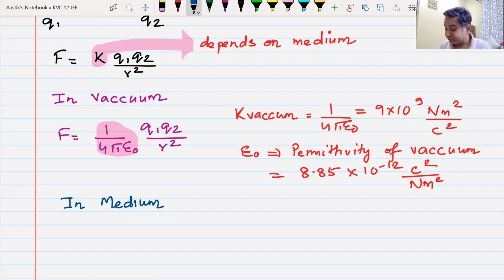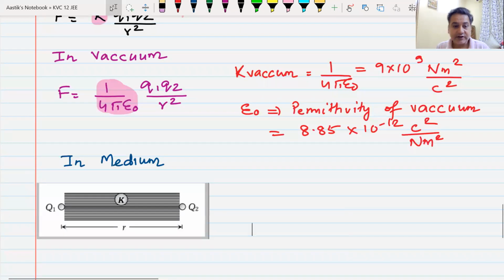So basically, what you have is a scenario like this. And I'll give you an interesting case here also. So you have these two charges surrounded by a medium of dielectric constant K. Then what is the formula now?